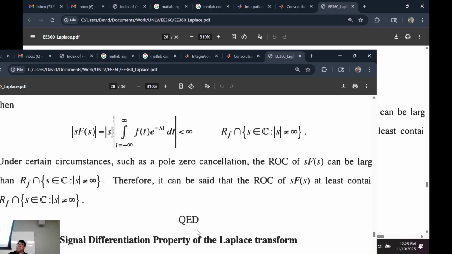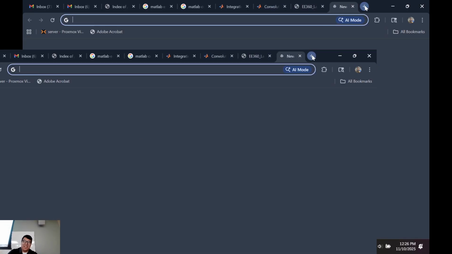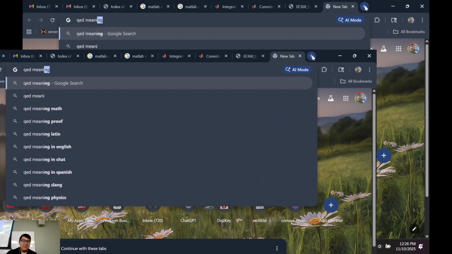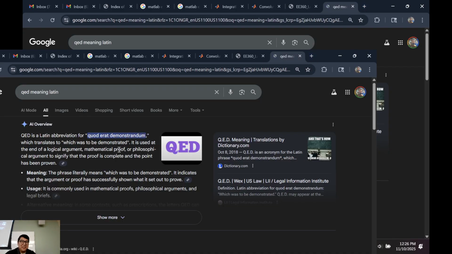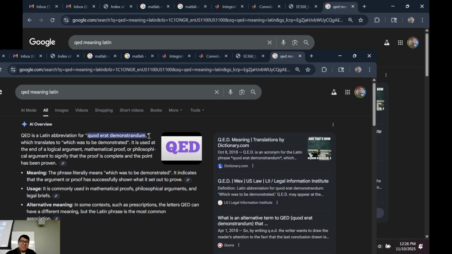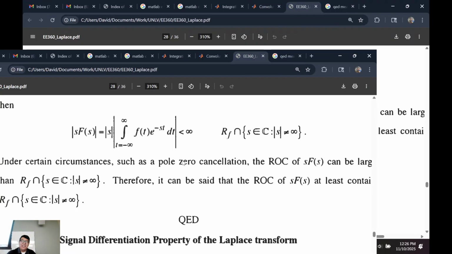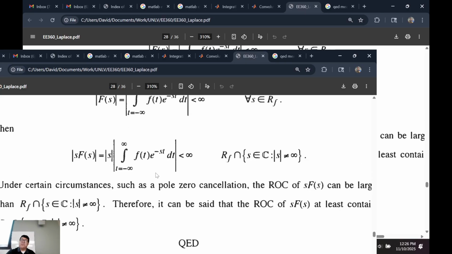It's Latin: quod erat demonstrandum, which means it's proved. I just demonstrated. That's literally what he's saying. He says, if you don't believe me, here's the proof. Is that good?